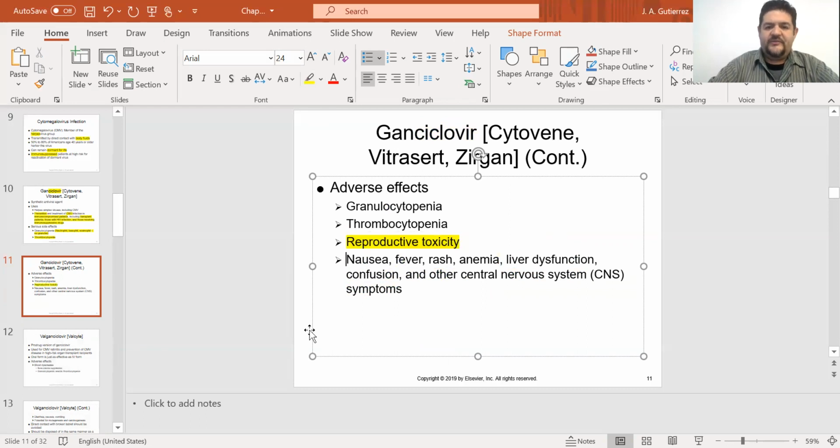That means male patients will become infertile due to a low number of spermatozoa. If the medication is PO, then we have nausea, vomiting, and diarrhea. Because it's a long-term treatment in patients that are immune suppressed, we need to be careful with liver dysfunction. And patients have complained of confusion on the long-term use of ganciclovir.